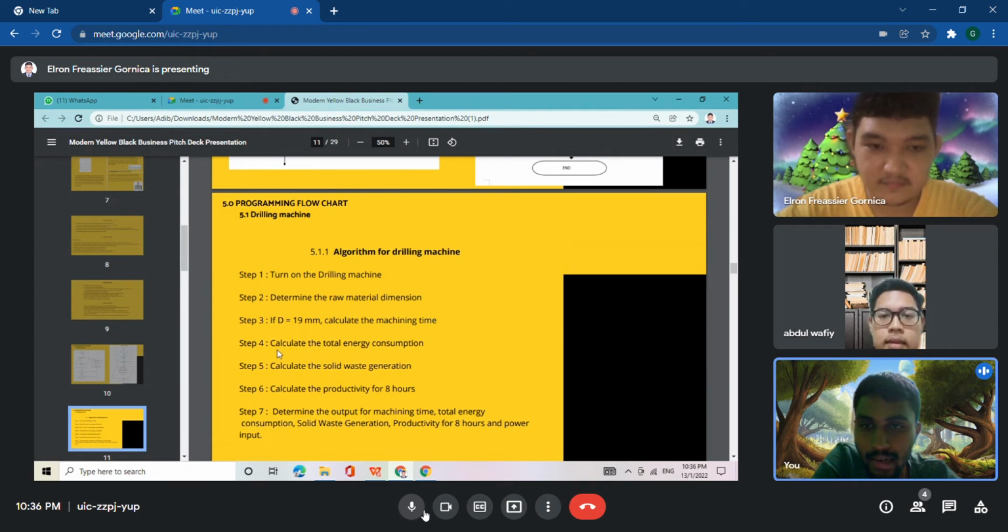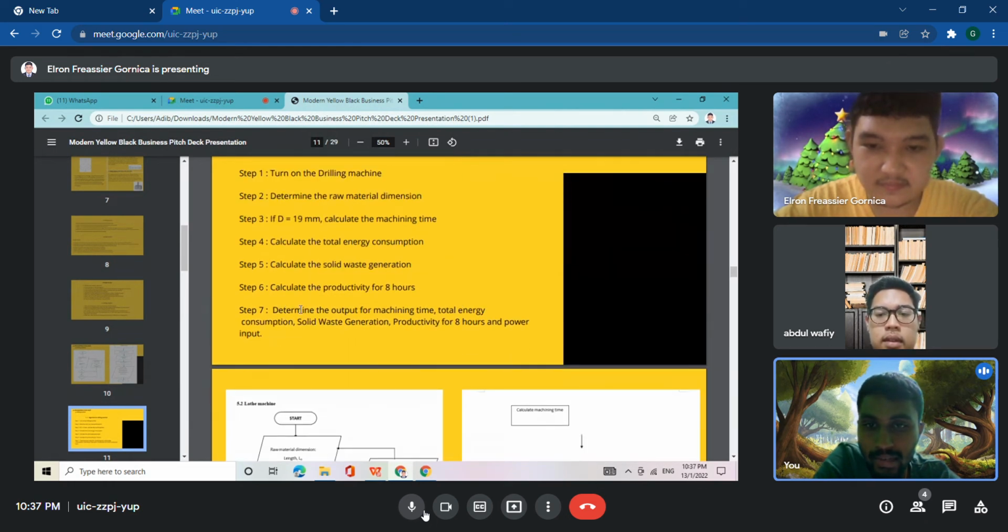Step 4 is calculate the total energy consumption. Step 5, calculate the solid waste generation. Step 6, calculate the productivity for 8 hours. And the last step is determine the output for machining time, total energy consumption, solid waste generation, productivity for 8 hours, and power input.